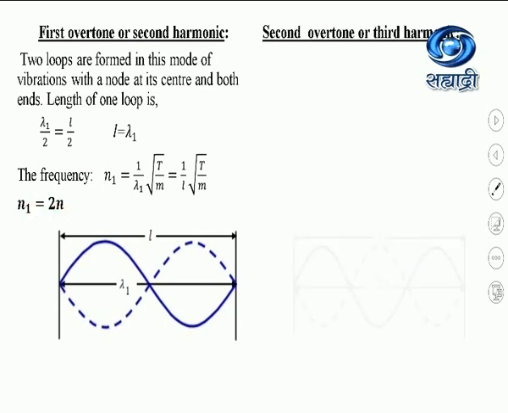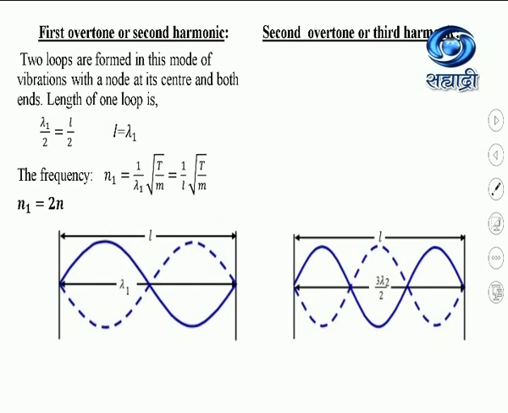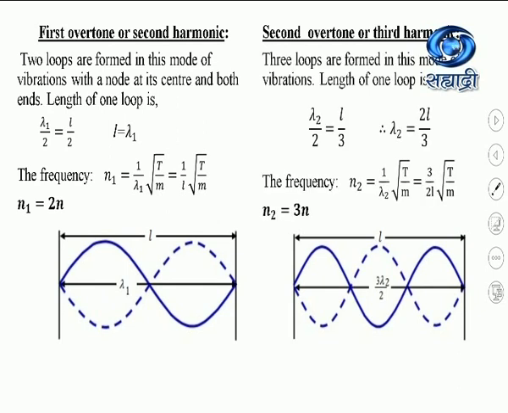Now if the string is made to vibrate in such a way that three loops are formed, then the length of one loop is l upon 3, equal to lambda 2 upon 2, where lambda 2 is the wavelength of the wave and n2 is the frequency of the wave. So lambda 2 is equal to 2l upon 3. V equals n2 lambda 2, so n2 is equal to V upon lambda 2.